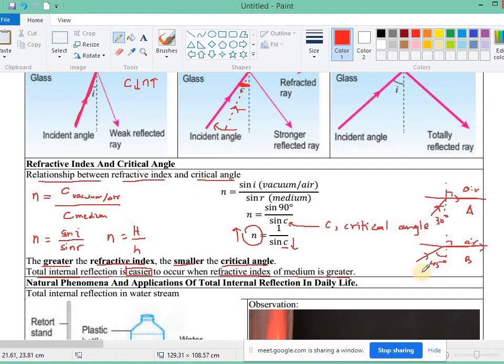That means the incident angle you need to increase until more than 45 degrees. Then only you can get total internal reflection. Okay, so that means medium B is more difficult to achieve total internal reflection. Okay, get the idea.